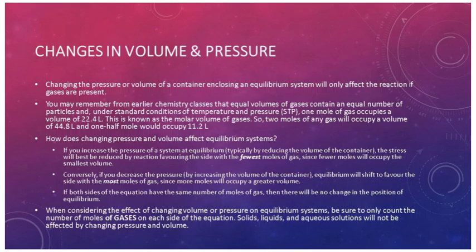If both sides of the equation have the same number of moles of gas, then there will be no change of the position of the equilibrium. When considering the effect of changing volumes or pressures on equilibrium systems, be sure to only count the number of moles of gases on each side of the equation. Solids, liquids, and aqueous solutions will not be affected by the change in pressure and volume.